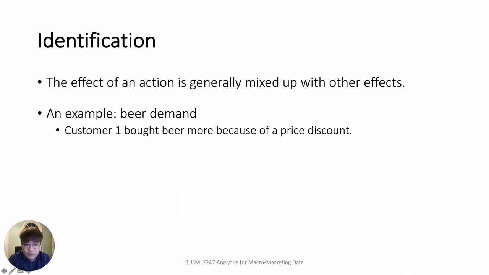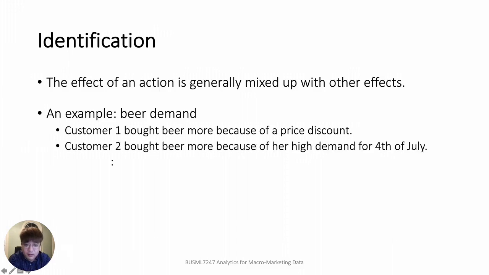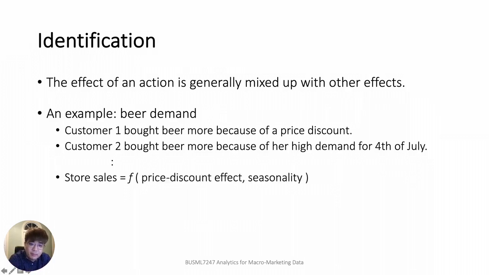There is a customer who bought beer more than before because of a price discount. And there is another customer who bought beer more than before, but for a different reason. Because it was 4th of July. So, sales of beer depends on both the price discount and seasonality.